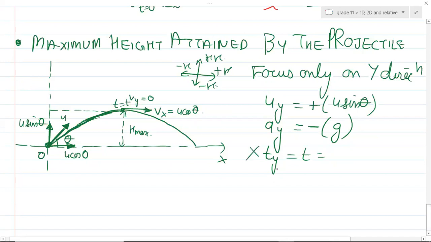We don't require it as of now. What else? What is the vertical displacement? The vertical displacement is equal to what? The maximum height, right? So can I write this as h max? Or it's not necessary, you can just write it as h. Okay.